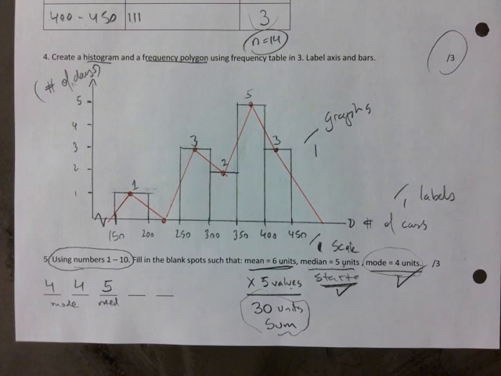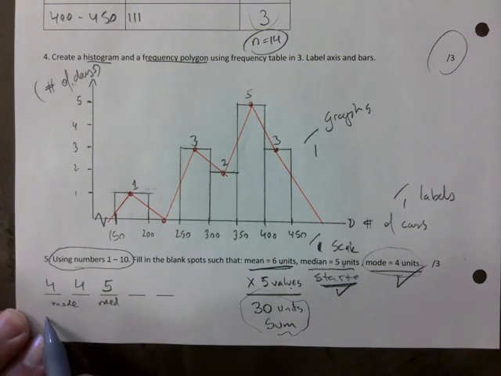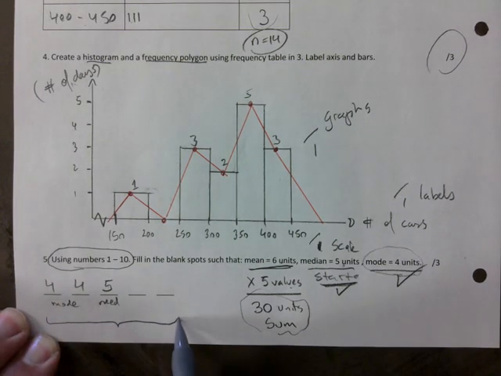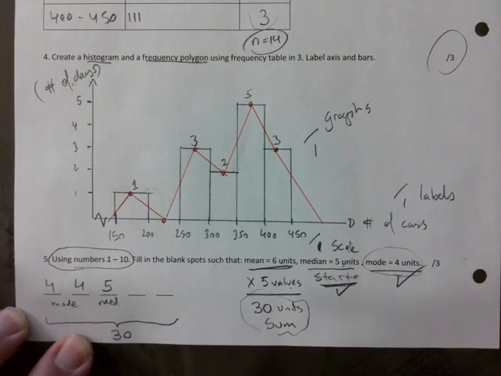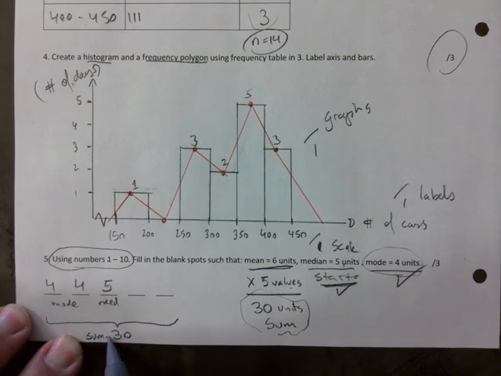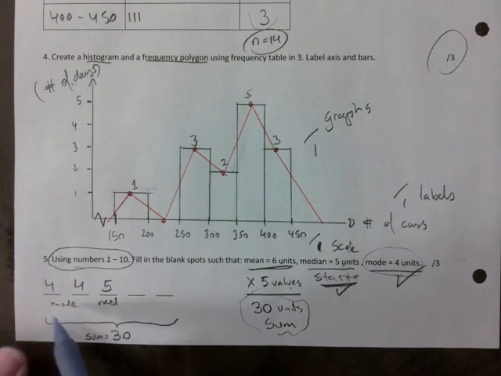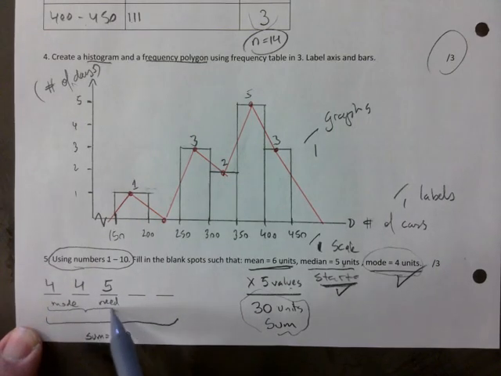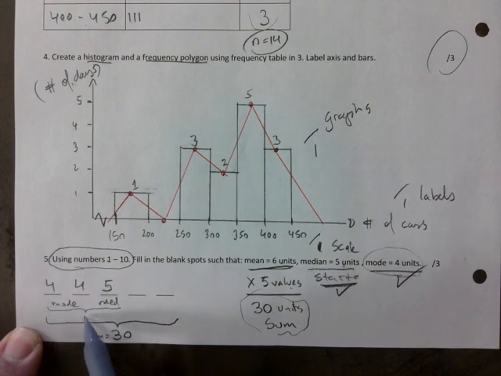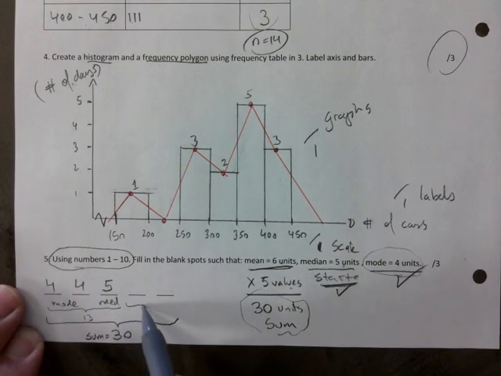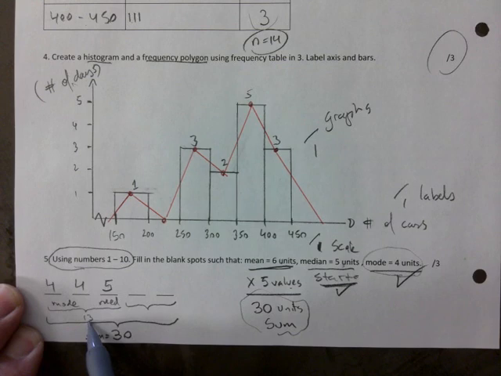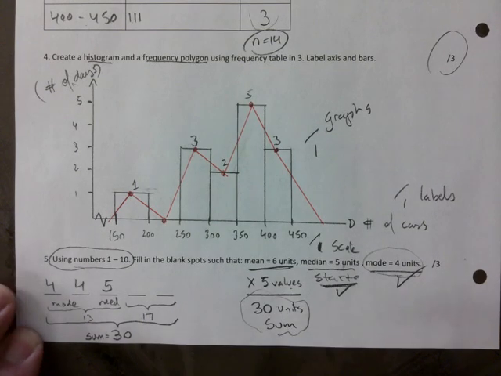And the answer is 30. This is just my way of doing it, but you know that all of them added up should have a sum of 30. You know that this already adds up to what? This is 9, this is 13. So what do you need these two to add up to? If this is 13, then you need this to be 17.